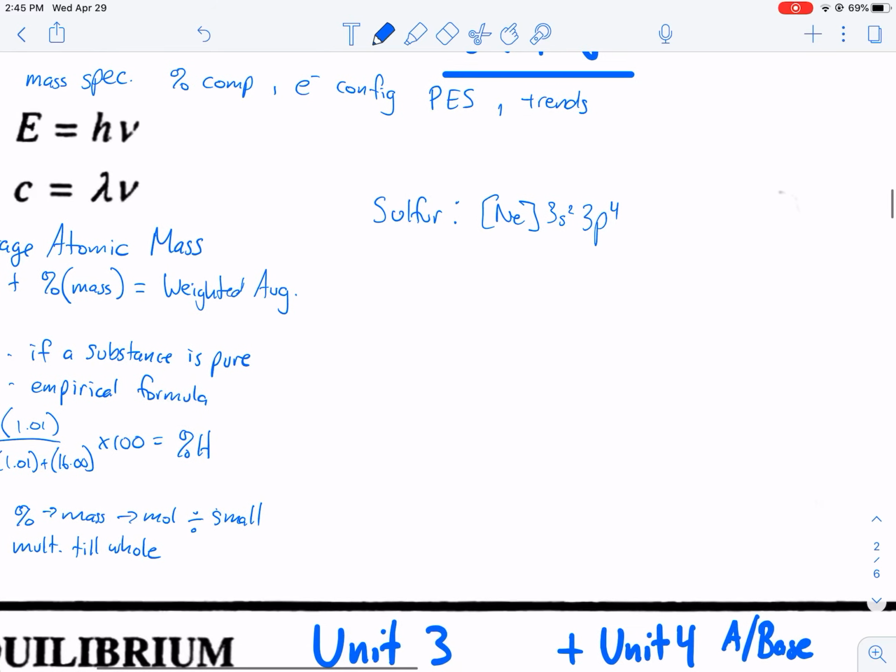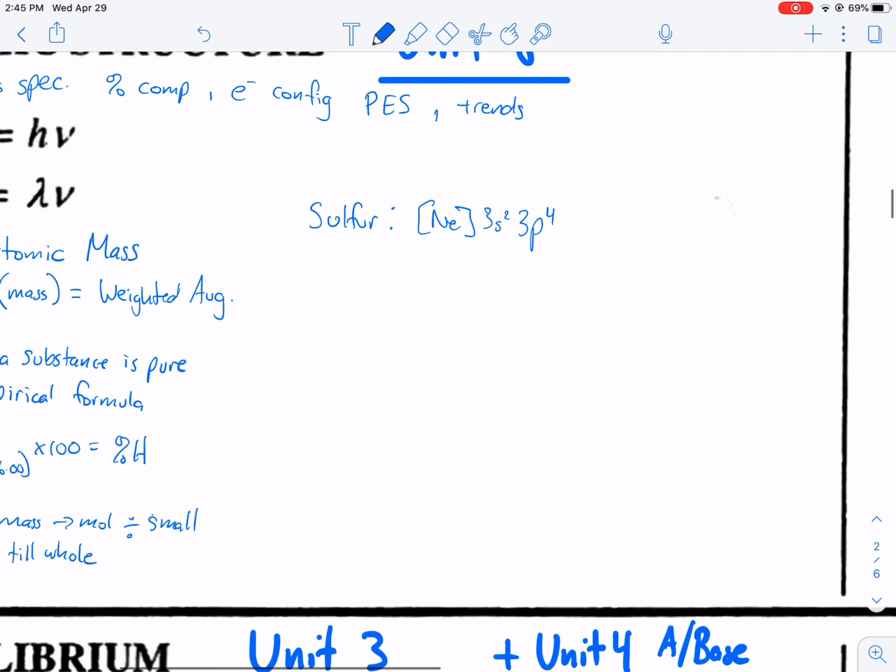Now, the cool thing here is we link that right to the PES. PES stood for photoelectron spectroscopy. And what this did is it helped us to see these electron configurations, and it helps us with the trends as well, confirming the trends.